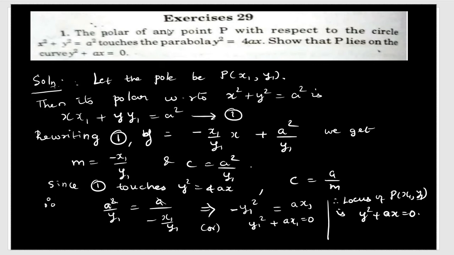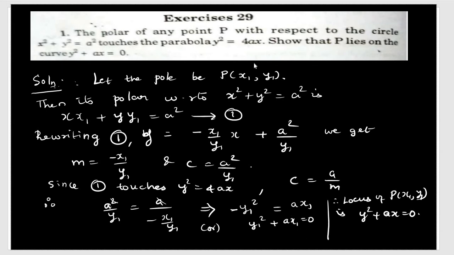Now we are given that this line touches y square is equal to 4ax. But we know the condition for y is equal to mx plus c to be tangent to y square equal to 4ax is c is equal to a by m. So just replacing c by a square by y1 and m by minus x1 by y1, we have this step, and on simplification this one will go to the numerator, and then cross multiplying we get this.